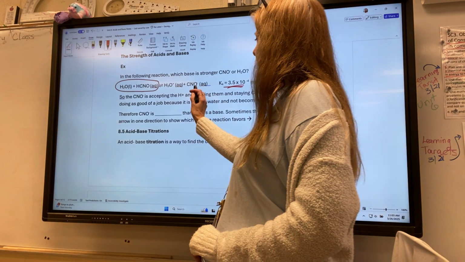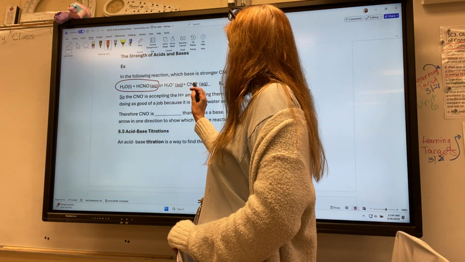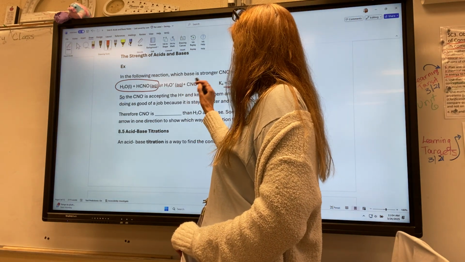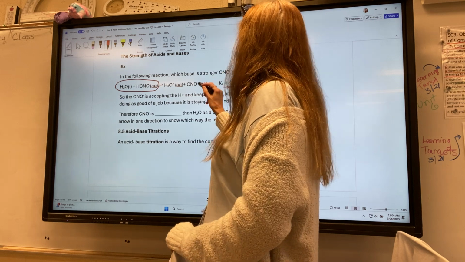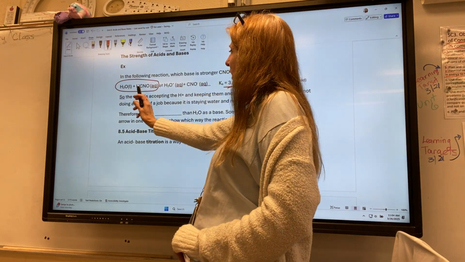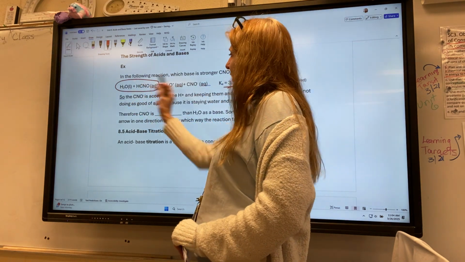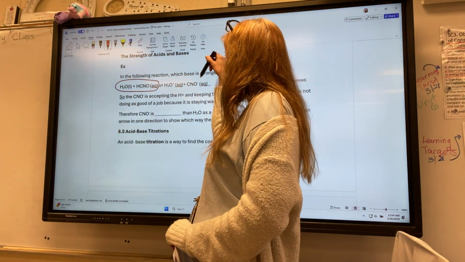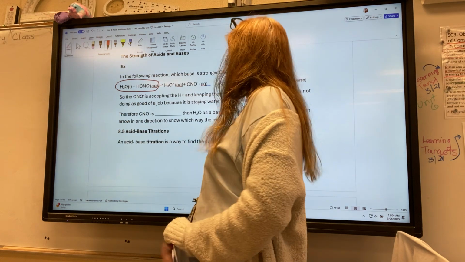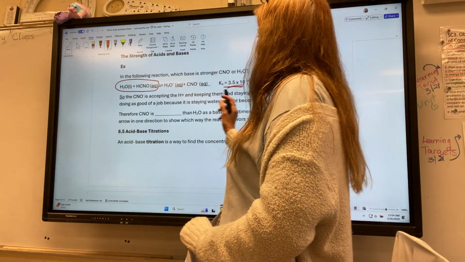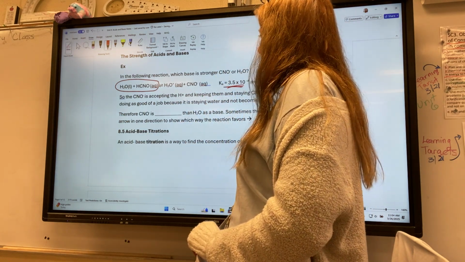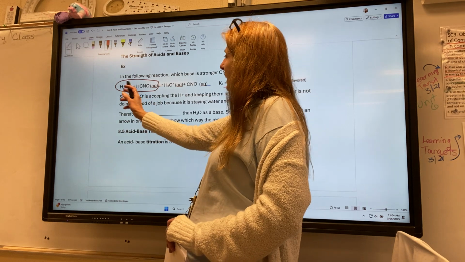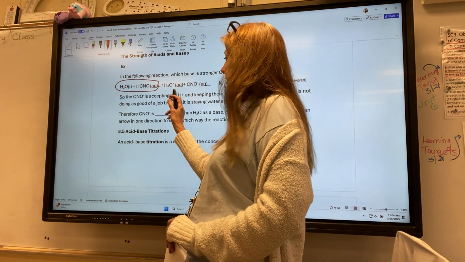So this CNO⁻ is accepting hydrogens. It's getting hydrogens and it's keeping them and zooming over here. That is what's happening. It's going that way. Can you see that? This is getting an H, shoom, it goes over here and becomes that. Okay? Water is not doing as good of a job where it would be getting an H and coming over here and being that.